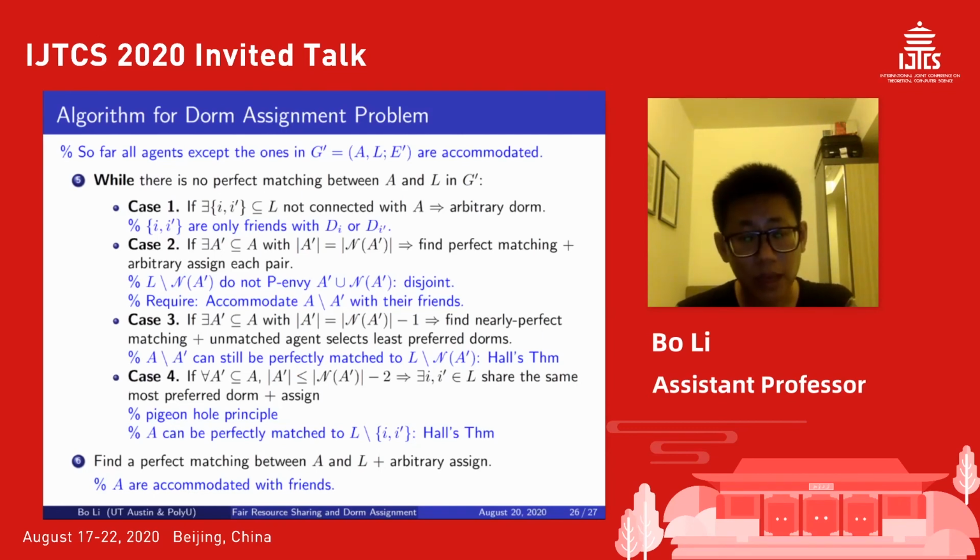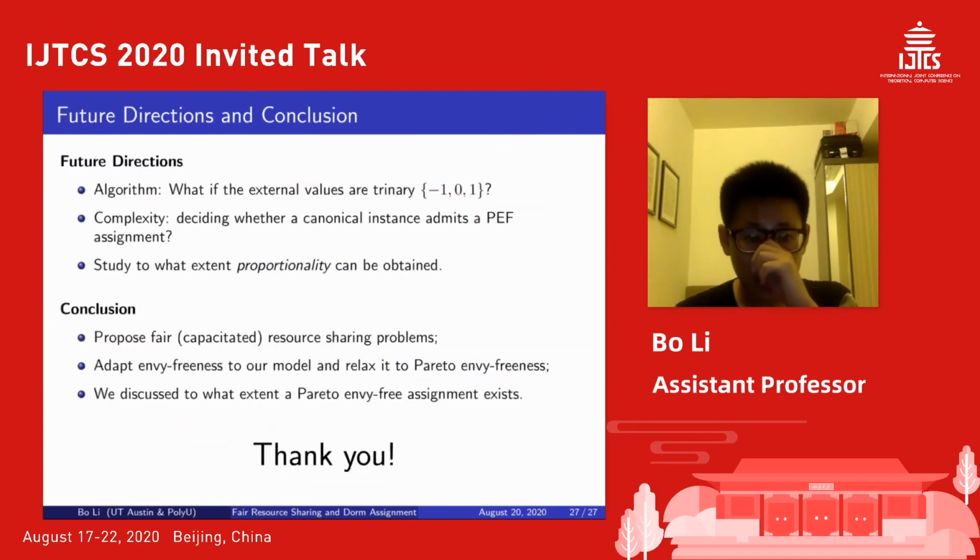Okay, next, I want to mention that our above algorithm is valid for binary external values. So either the external value is 0 or 1. And this can be easily extended to the case of non-positive external values. So it's either 0 or -1, if they are friends or they are indifferent with each other.